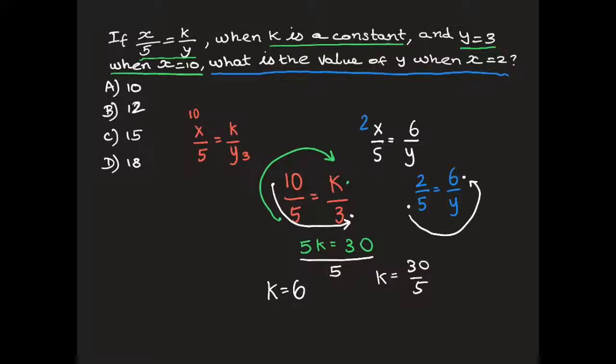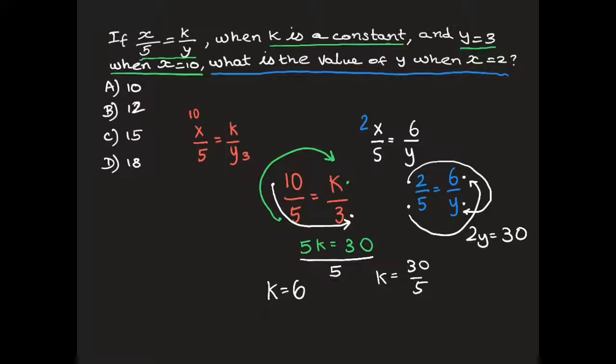And then we take our other two numbers, 2 and y, and bring those across. That'll be 2 times y. So 2y is equal to 30. Now let's go ahead and divide.